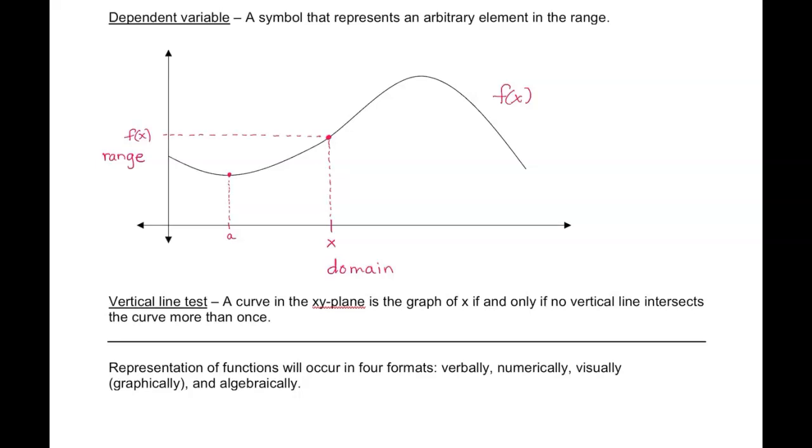So I've marked the location A on the graph, and you'll notice from 0 to A this function is decreasing. So you would respond to that question with a closed interval. So from 0 to A the function is decreasing.